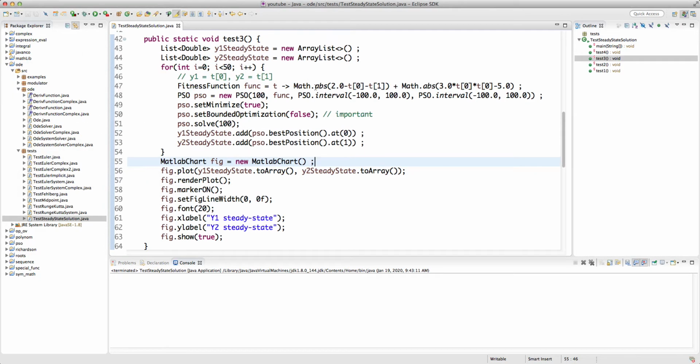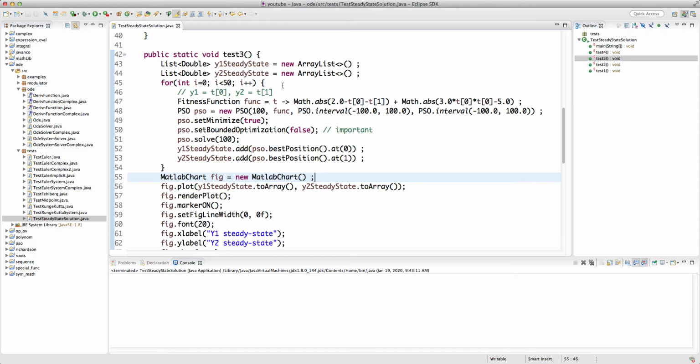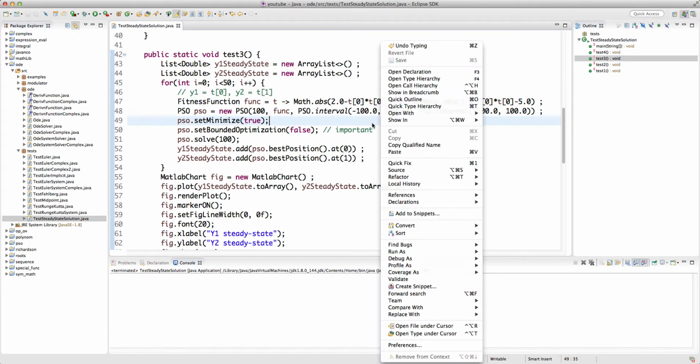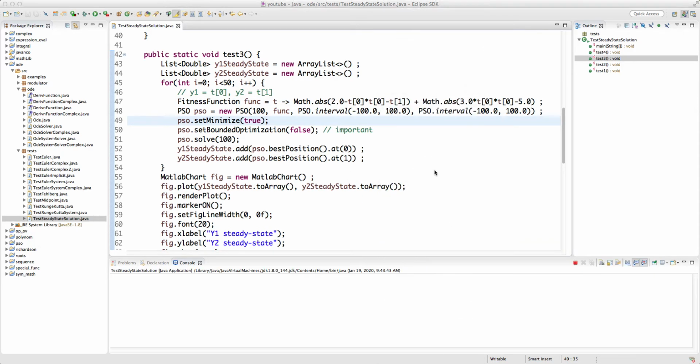Now what happens if, for example, we change our equation a little bit? Let's say t0, and here we also have t0. So if t0 squared is 5 over 3, then t1, so we should have only one steady state solution.